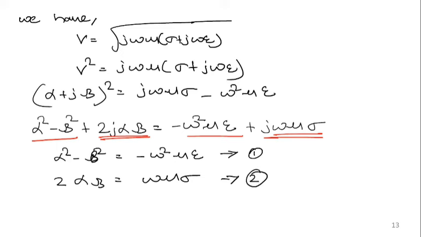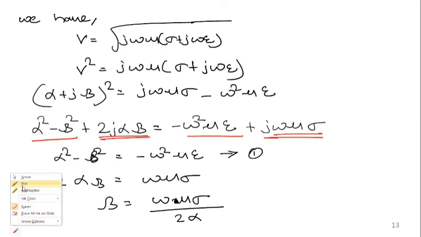So combining these equations will give us beta is equal to omega mu sigma divided by 2 alpha. Okay. This equation you name it as equation number 2.